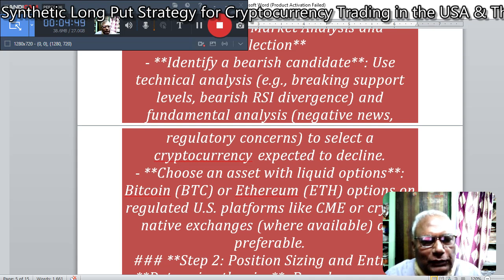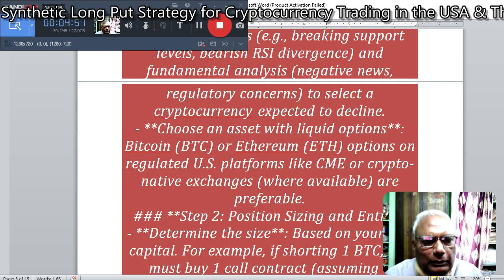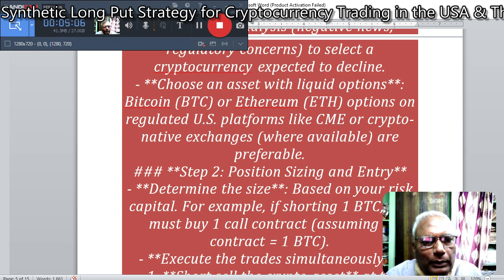Choose an asset with liquid options, Bitcoin or Ethereum. Options on a regulated US platform like CME or crypto native exchanges where available are preferable.